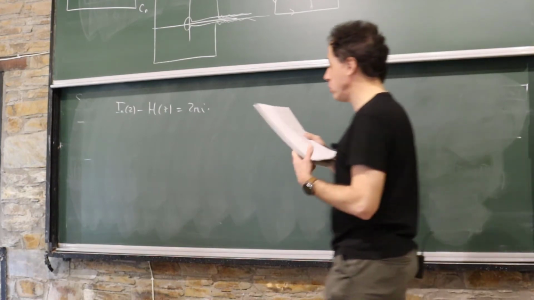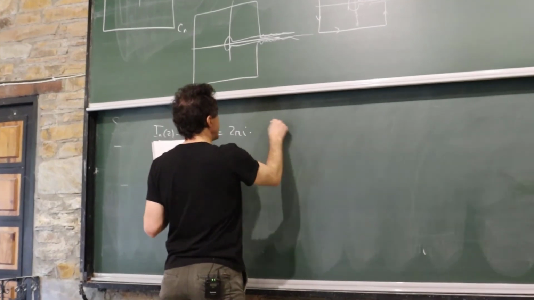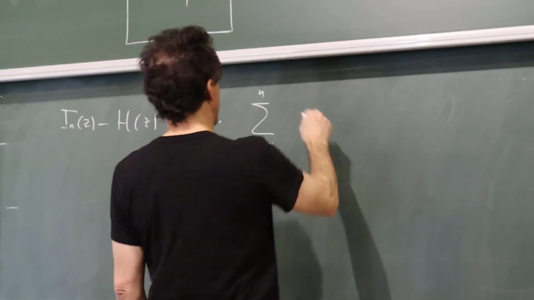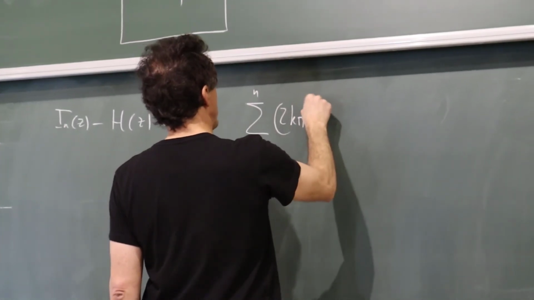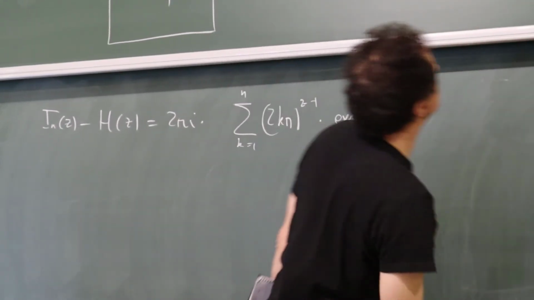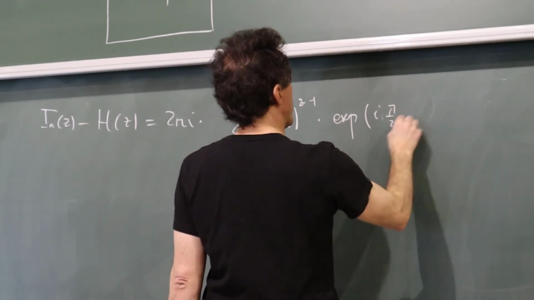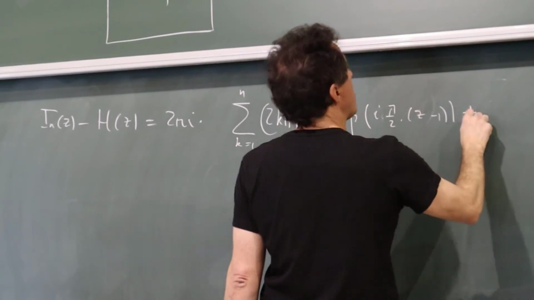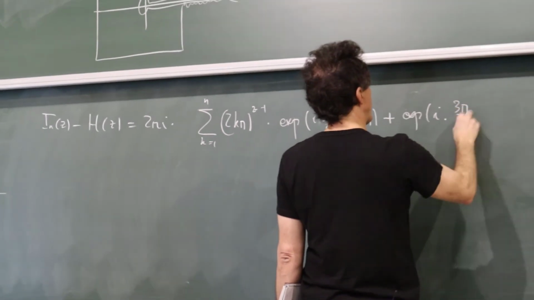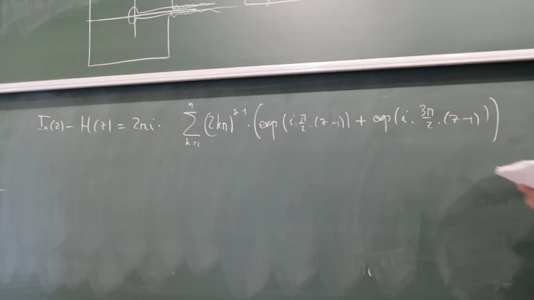The sum of those residues could be the sum from k equal 1 to n of (2k pi) to the z minus 1, times exponential of i pi over 2 (z minus 1) plus exponential of i 3 pi over 2 (z minus 1). It must be something like this.